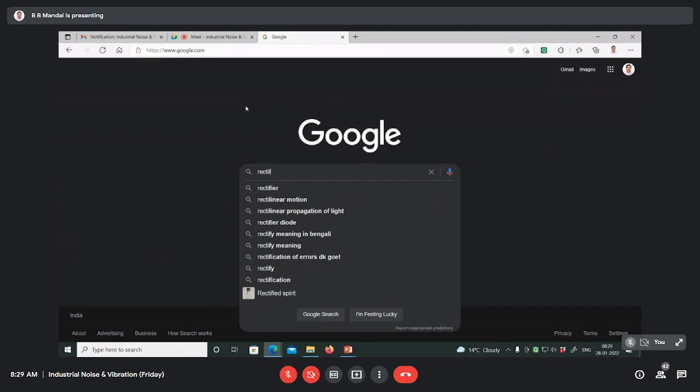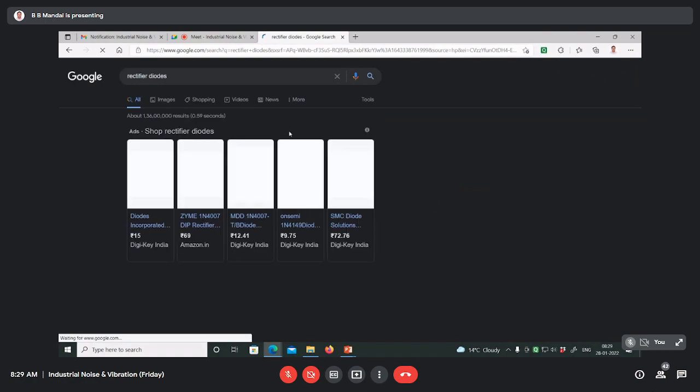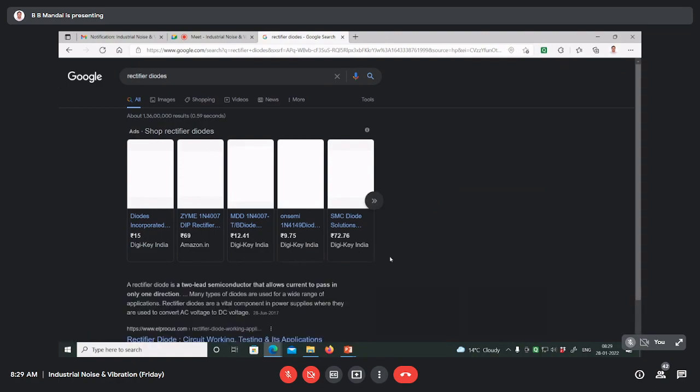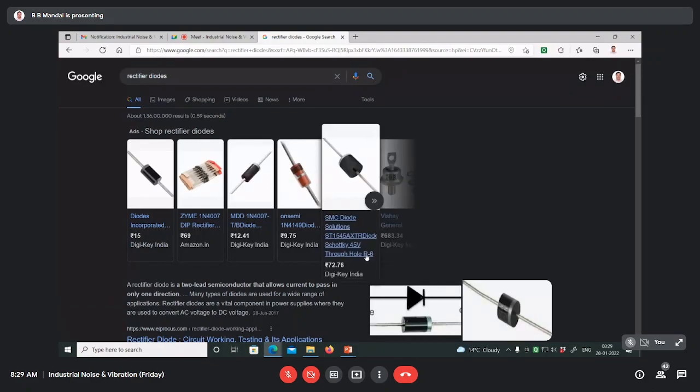Rectifier diodes. These are basically solid state diodes. My computer is slow today, I don't know why. Yeah. So these are very well known diodes.